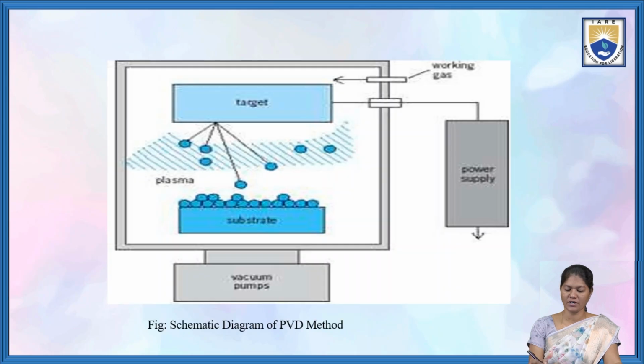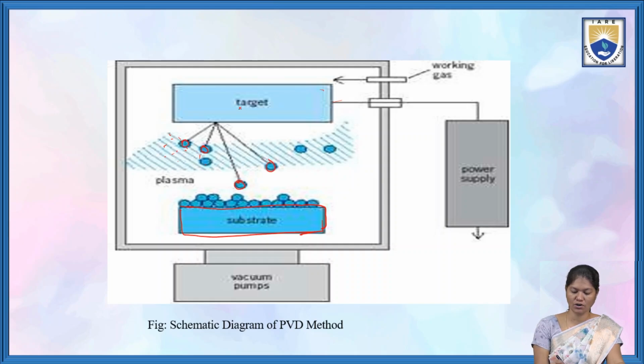So here we are giving some power supply, so that the metal, when it is heated, comes into gaseous phase. After that it will be cooled, so that it will be placed on the substrate.